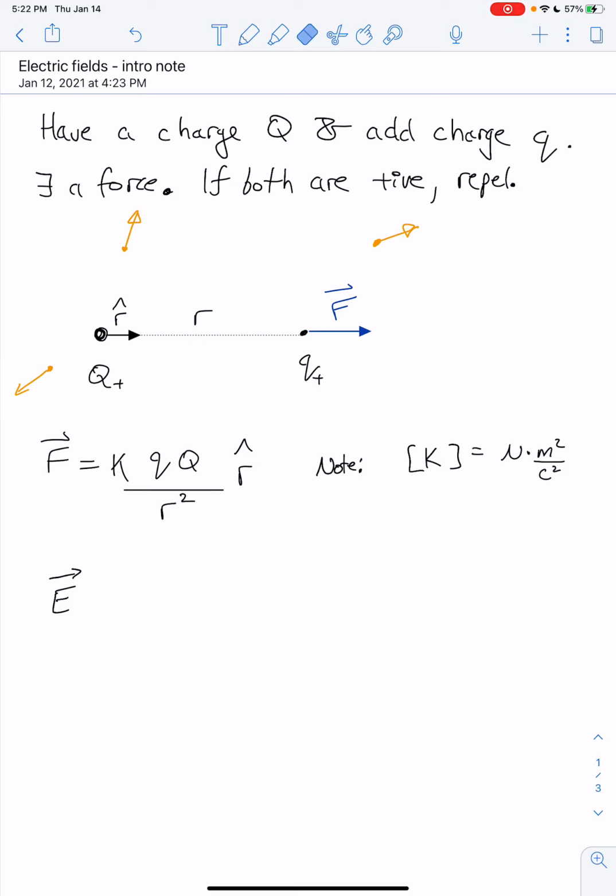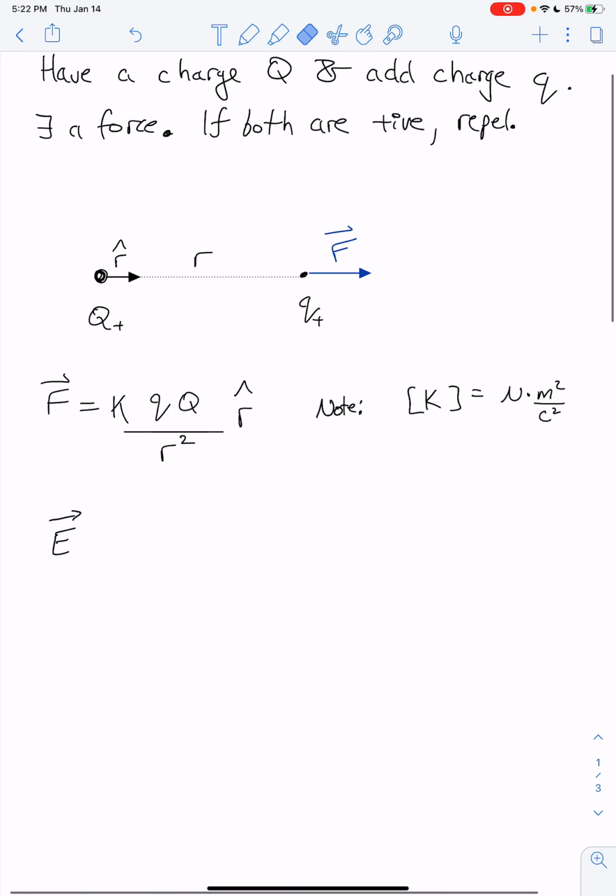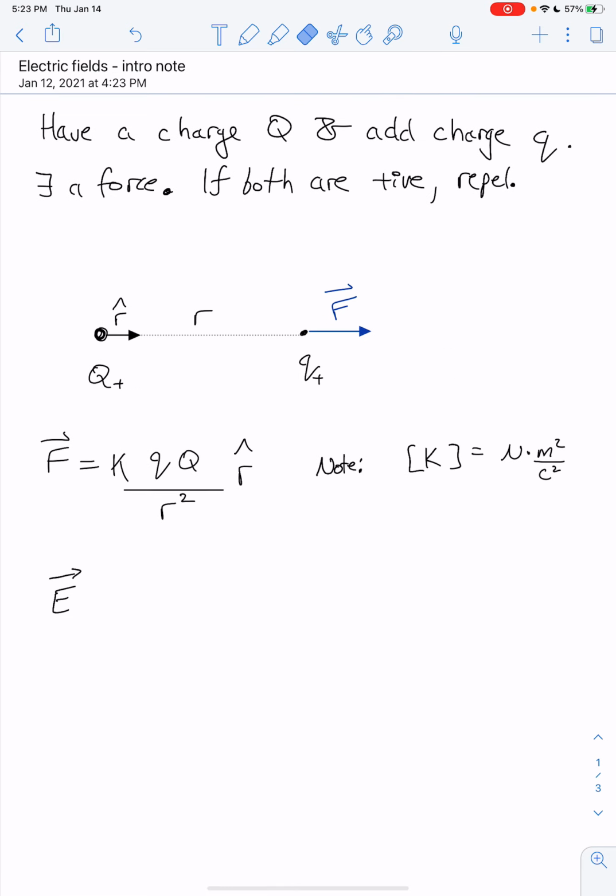And so we can use this to define the strength of the electric field. So the electric field is going to be equal to the force experienced by a small test charge divided by that test charge, little q.